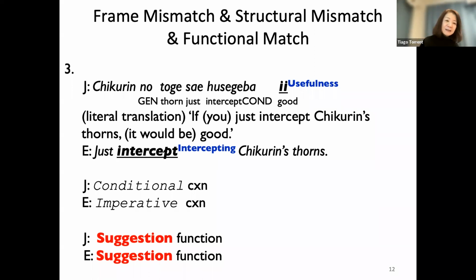The Japanese is an example of a conditional construction, whereas in English it's an imperative construction. But the two sentences have the same function of suggesting something. So I would like to think these sentences are corresponding to one another.